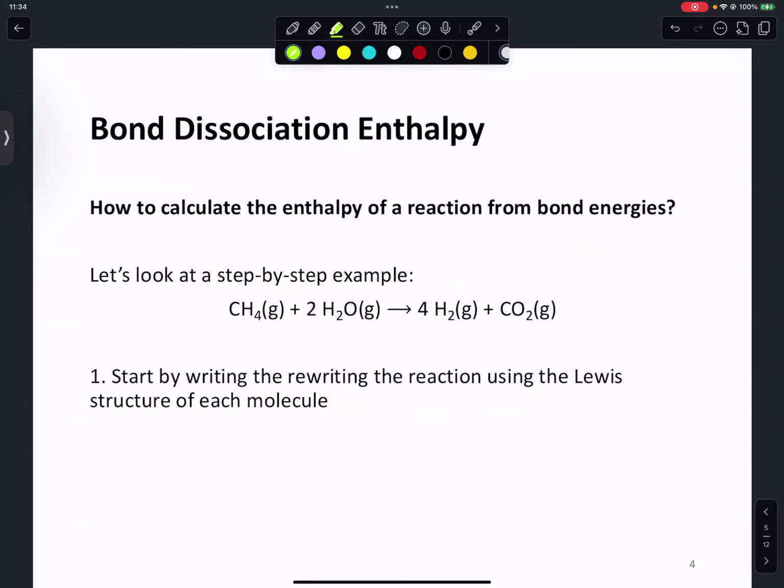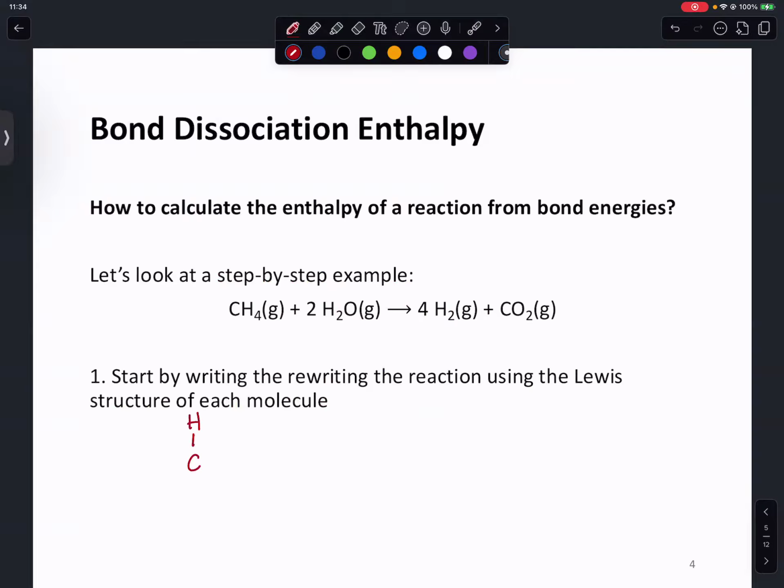Now I'm going to walk you through an example of how to calculate the bond dissociation enthalpies. And this is the reaction that we need to calculate the bond enthalpy change for. We're going to start by writing the reaction in the form of Lewis structures.